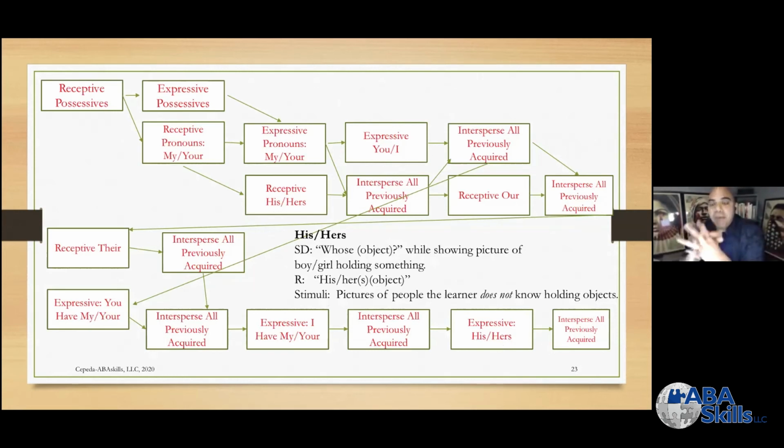But the end benefit is, think about the complexity and abstractness of the programming that we've talked about, and just the overall basic sequence: objects, colors, shapes, prepositions, then pronouns, and next we're just going to talk about opposites, which are a lot easier than you might think. For some kids, it's extremely difficult, but again, that's only because we're crappy at teaching it, not because the kid can't figure it out. All right.